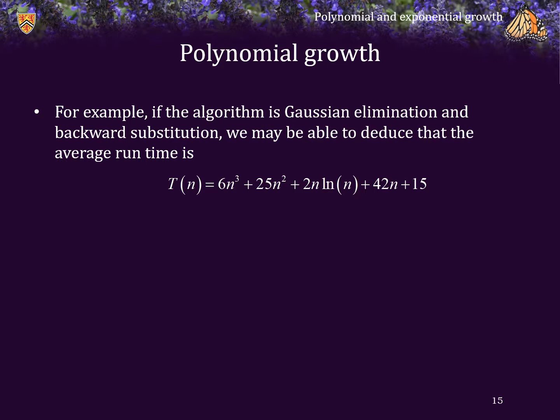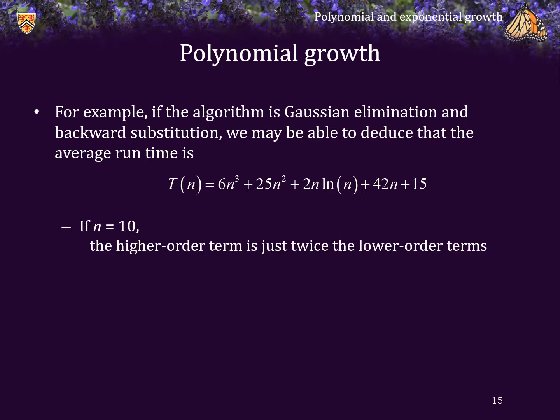Well, that's because when we are finding the pivot element, assuming random distribution, we will only be occasionally updating where the largest entry is. So that's where that comes from. But the dominant term is, of course, n cubed.